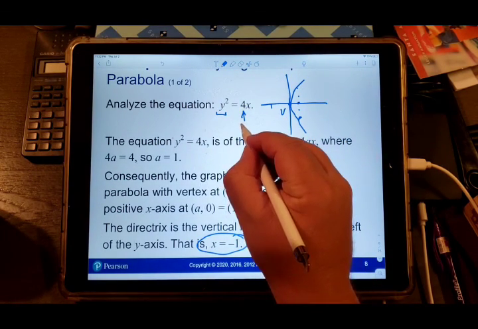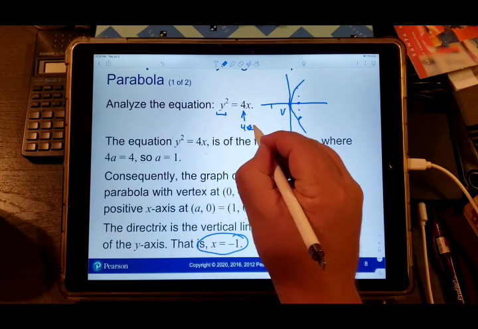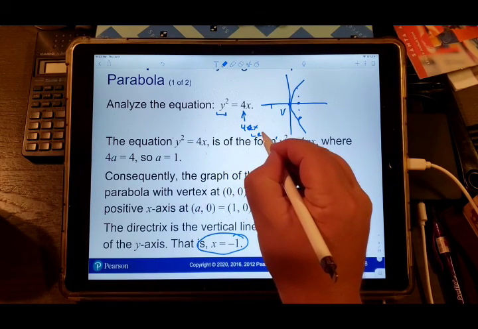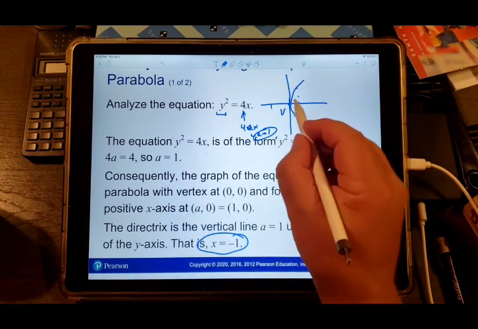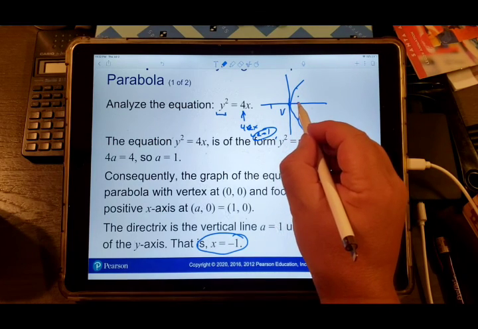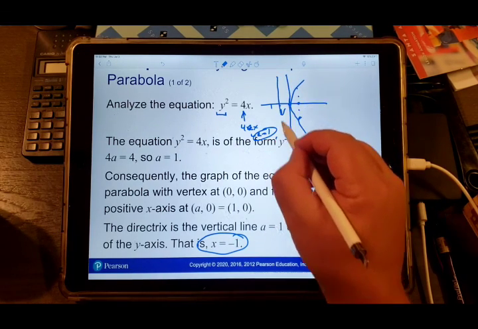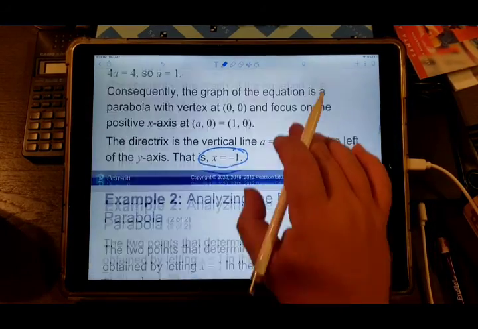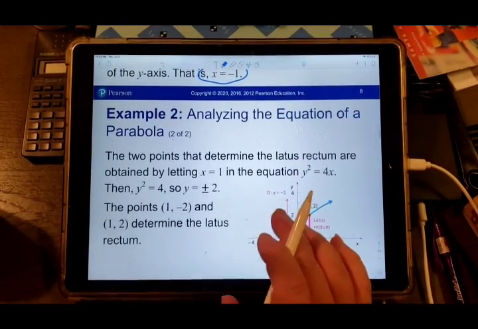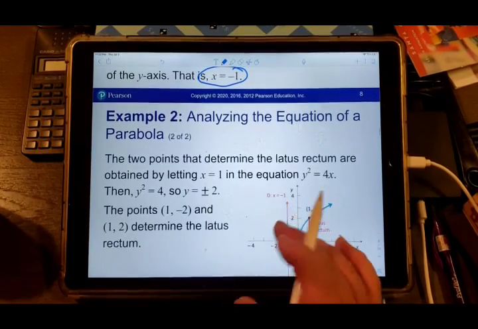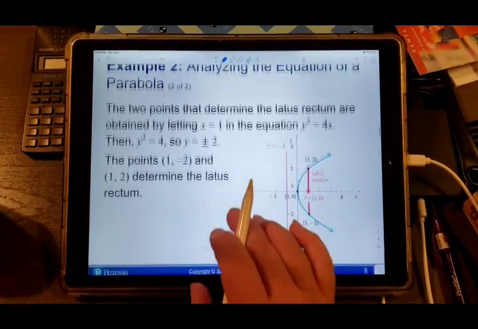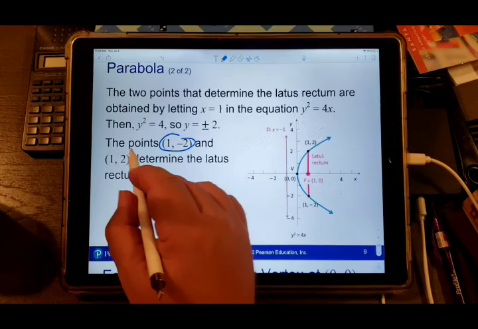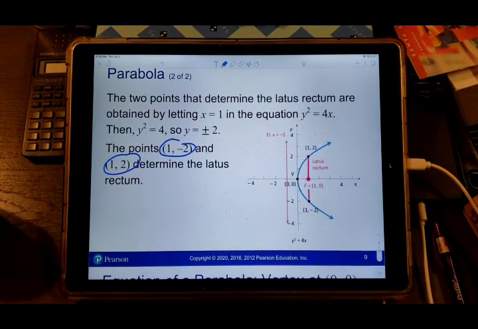If I match this to 4ax, A is 1. And if A is a +1, focus, directrix. You will have questions where they ask you that. I say don't draw it, but they might ask you. And they'll ask you for these points, the points on the latus rectum.